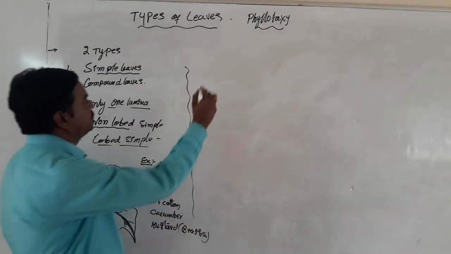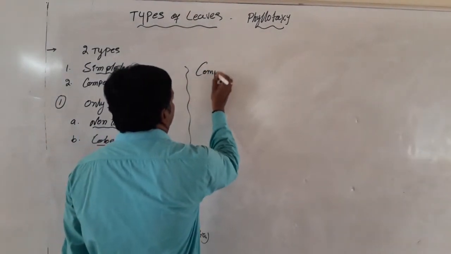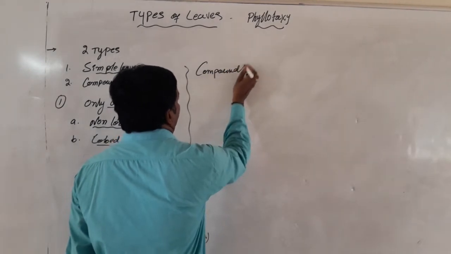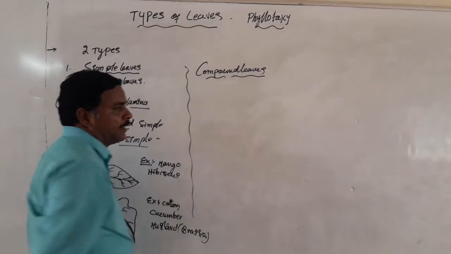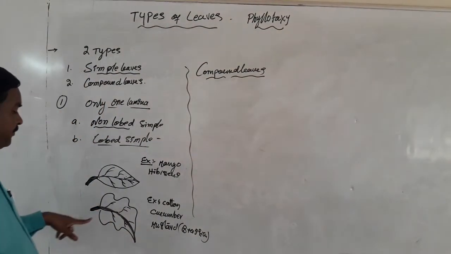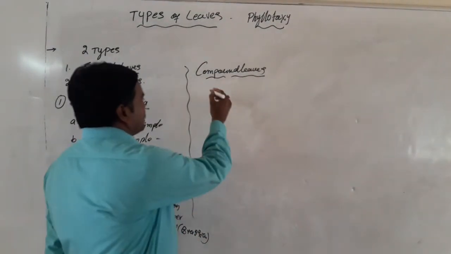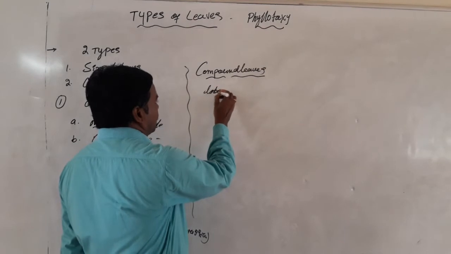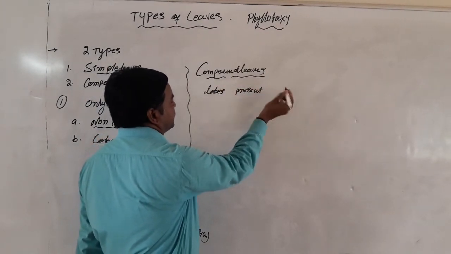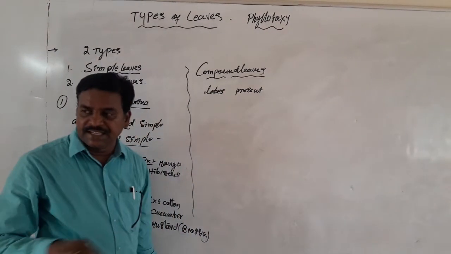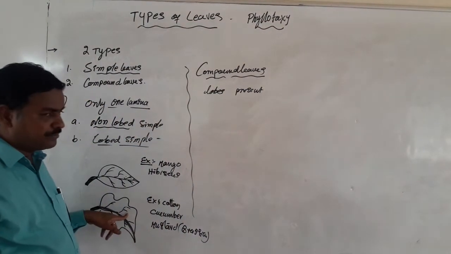Okay, now coming to compound leaves. So here, incisions or lobes are present. The leaf lamina is incised like this.